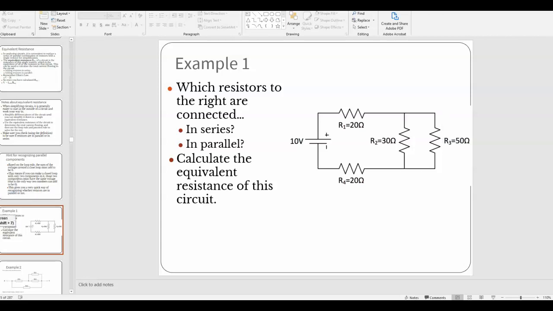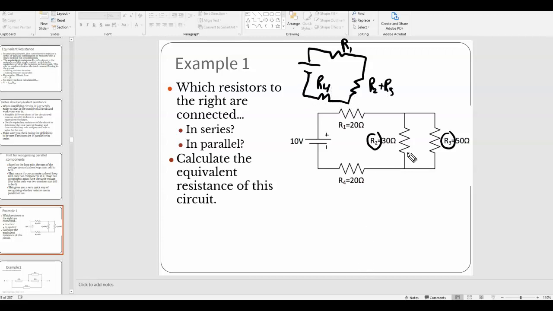So the first thing I'm going to do for the circuit is I'm going to add R2 and R3 in parallel. In other words, I'm going to reduce the circuit down to, here's R1, here's R2 and R3, and here's R4.